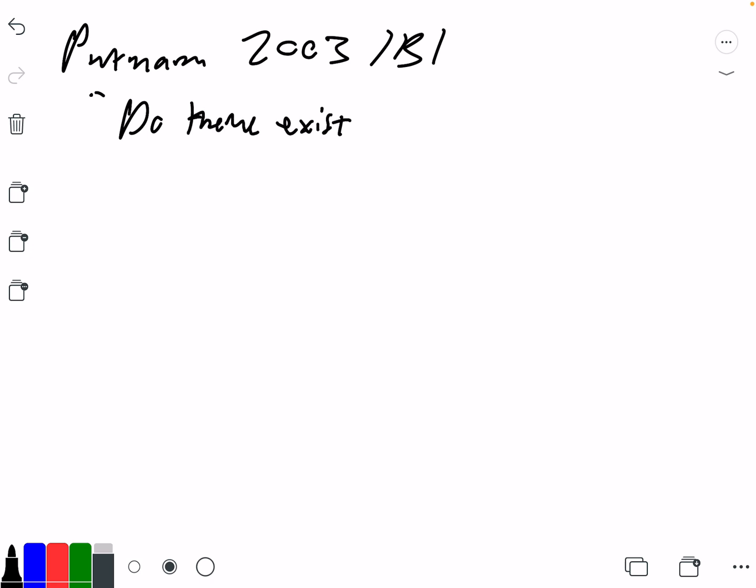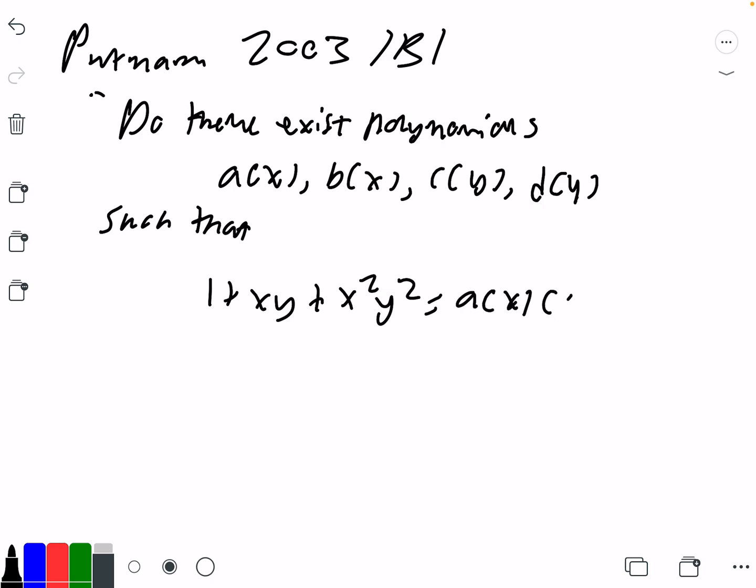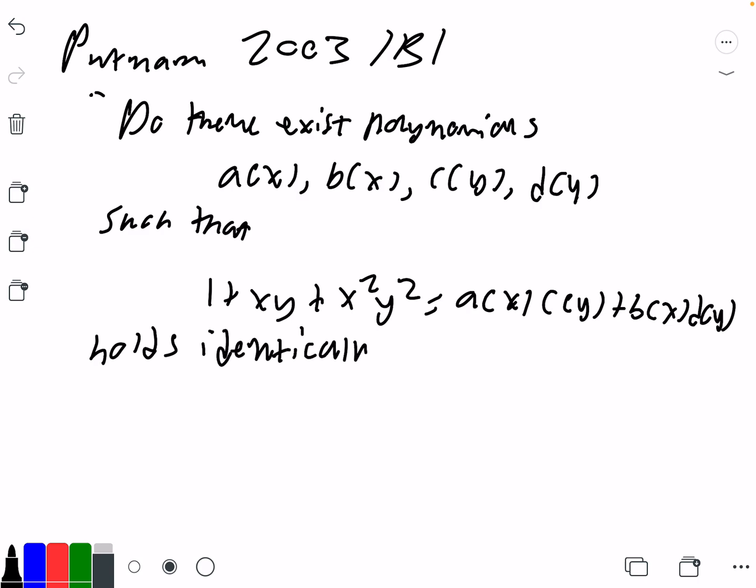This is going to be Putnam 2003 B1, the easiest problem from part B. It asks, do there exist polynomials a(x), b(x), c(y), and d(y) such that 1 plus xy plus x squared y squared equals a(x)c(y) plus b(x)d(y), and this holds identically. I'll give you like 5 seconds to think about it.